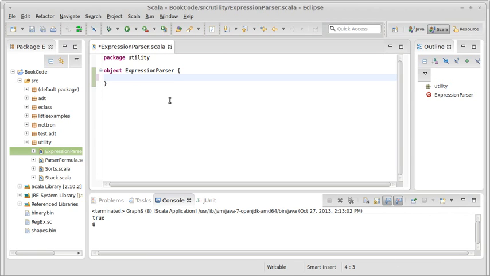The idea here is that if the user gives us a string, something like 3 plus 2 times 5, our function will evaluate this and give back the value of 13. It's supposed to be able to do basic math operations: plus, minus, multiply, divide.